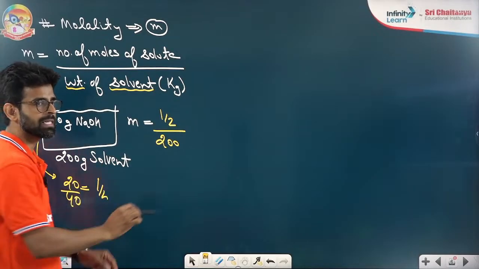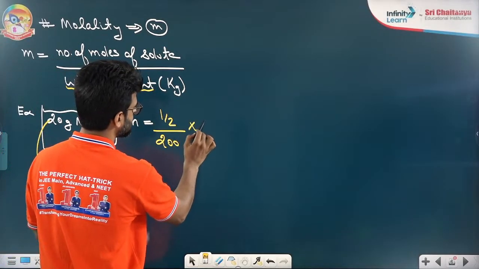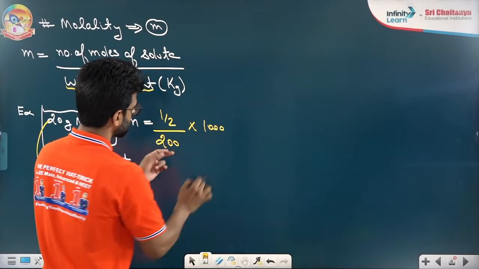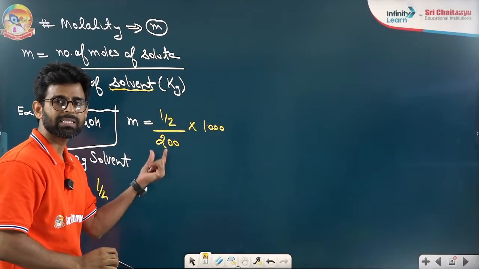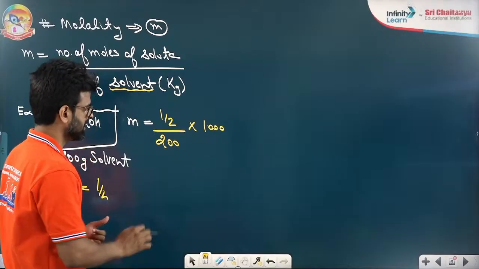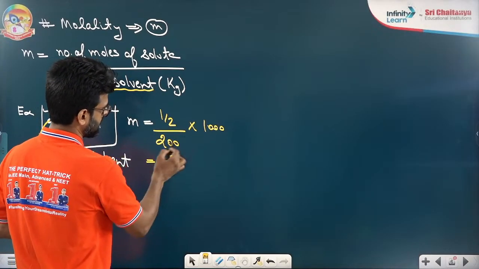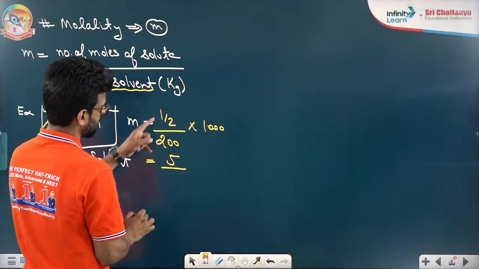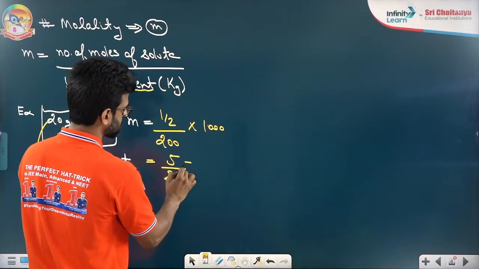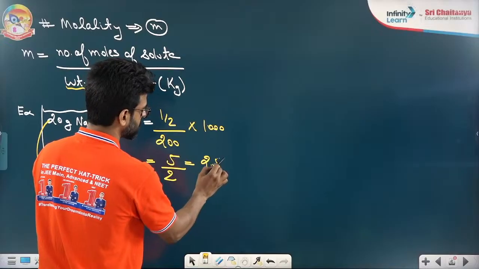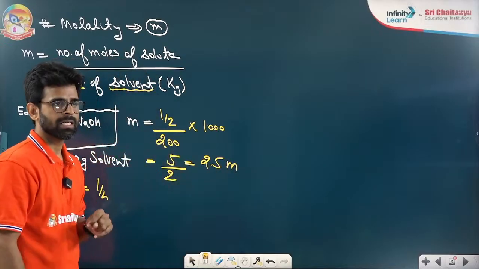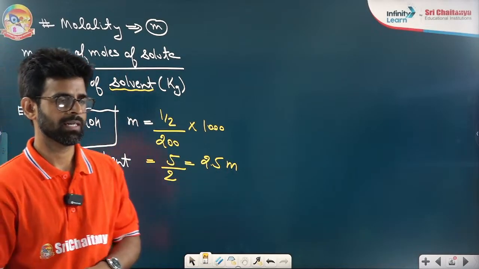I have to take in kg. So to make it kg, I will divide it by 1000. Or I can say 1000 will go upside. Okay? So what's coming finally, beta? If you divide, it is cut down, 5 coming here. And it is 2 downsides, so 5 by 2. Yes, what is coming? 2.5 molal.